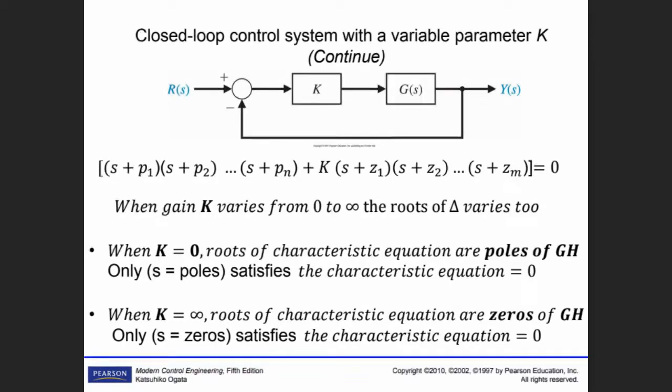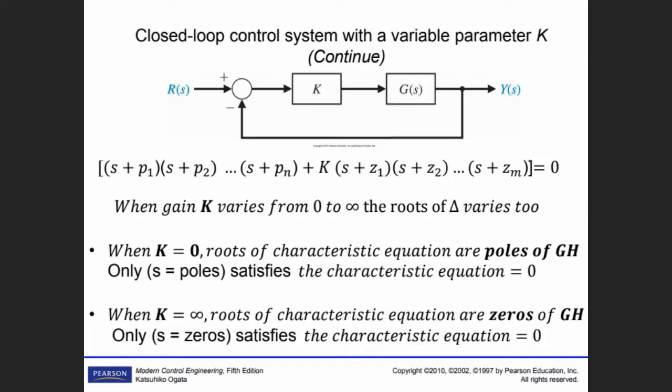But when K increases, of course, the trajectory is going to change. But at the end of the journey, K varying between 0 and infinity, when K becomes infinite, then of course, if you put infinity here, only the zeros can satisfy this one to obtain the zero condition.